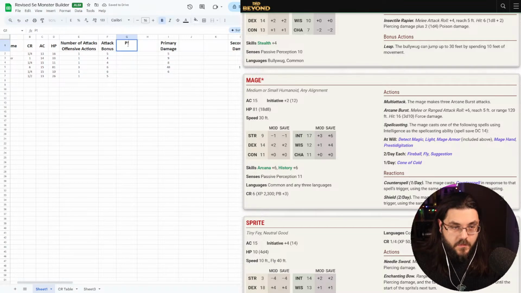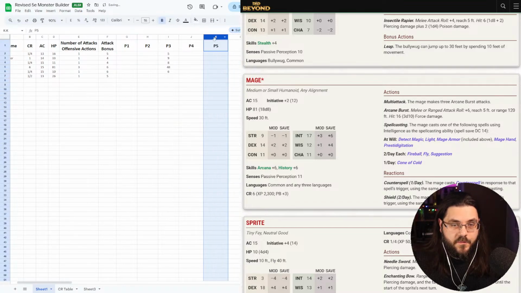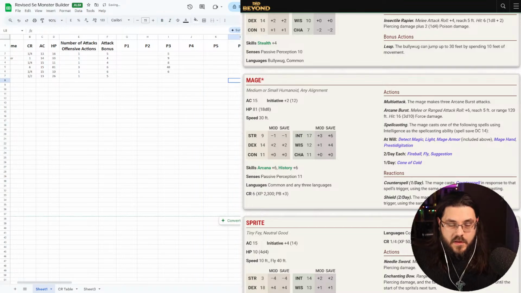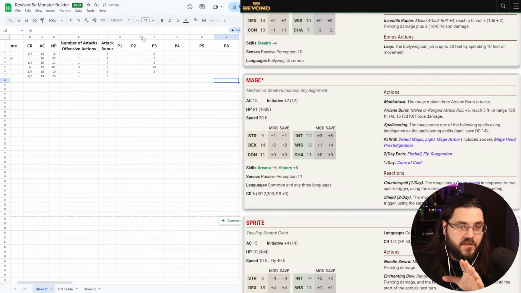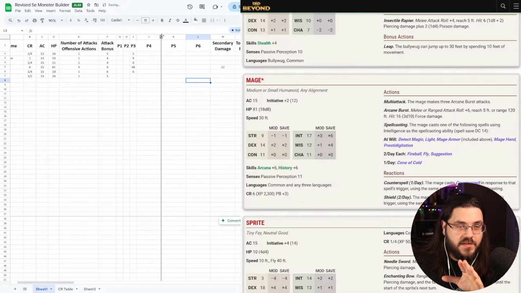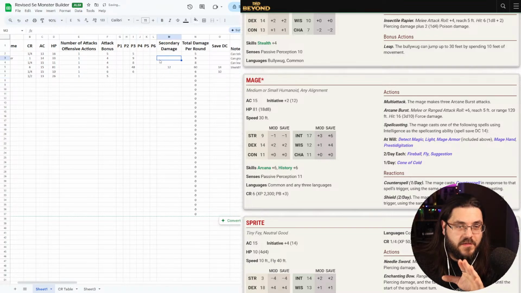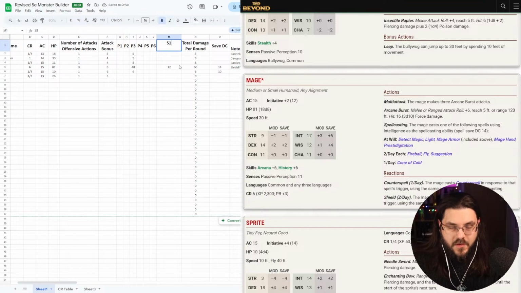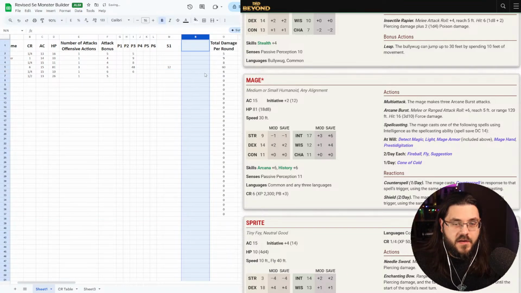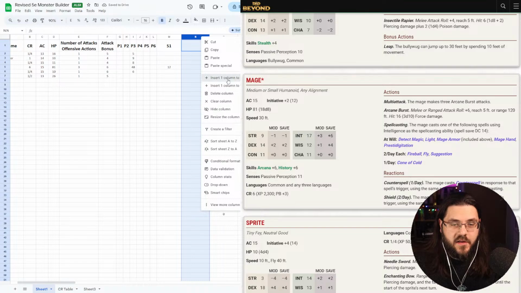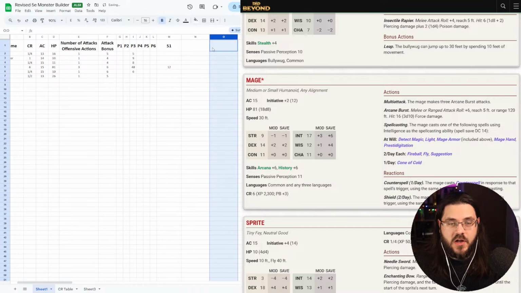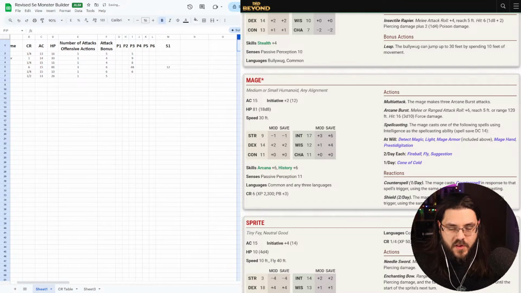We're going to try and do this so that it's slightly less melting for my brain. And do it as 6 columns of primary damage, 6 columns of secondary damage, and then 1 formula column.